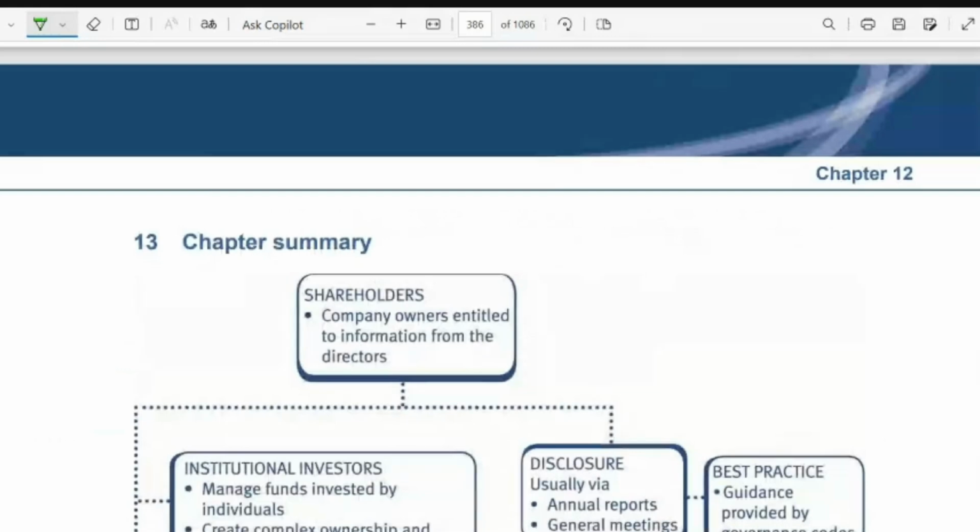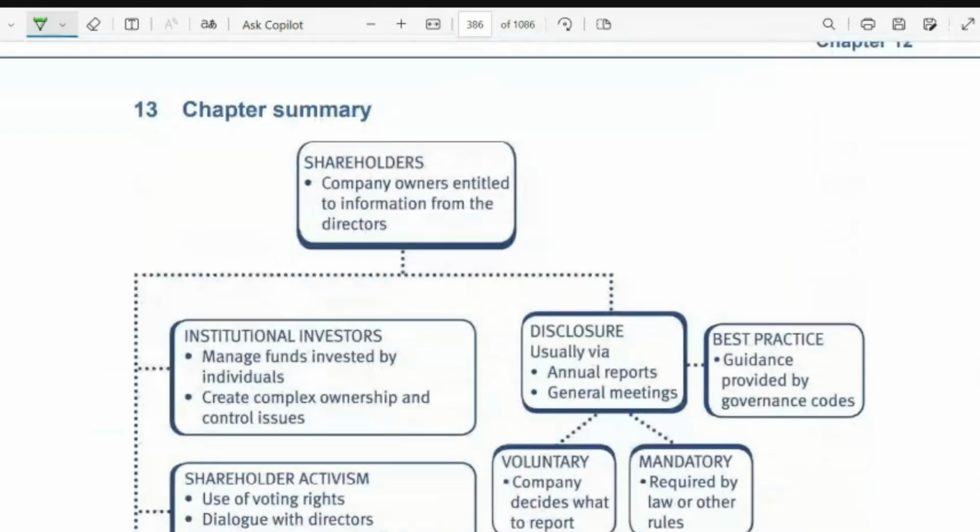Okay students, now this is the conclusion of the chapter. How shareholders own the entity and get information from the directors and institutional investors. So there is shareholder activism, disclosure, annual reports and general meetings. Voluntary, we already discussed.